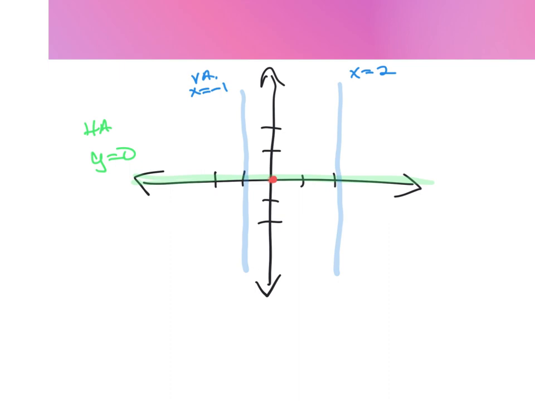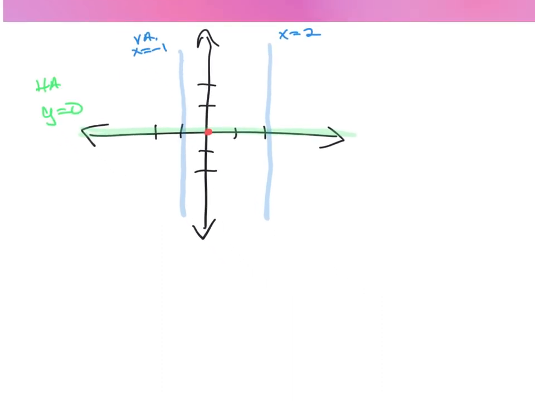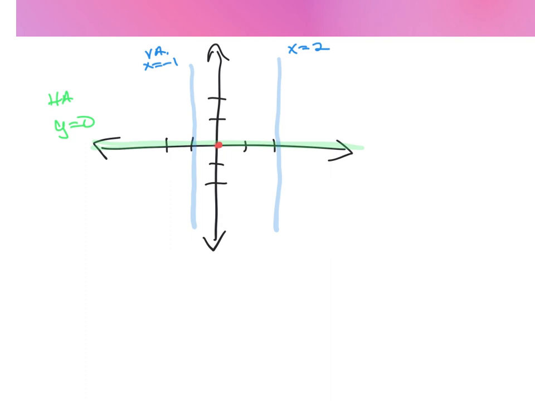All right, so let's do a table of values. So I'm going to pick points that are less than negative 1. So I'm going to plug in negative 2. If you'd rather plug in negative 3 or negative 4, that's fine. Just something that's less than that first vertical asymptote.